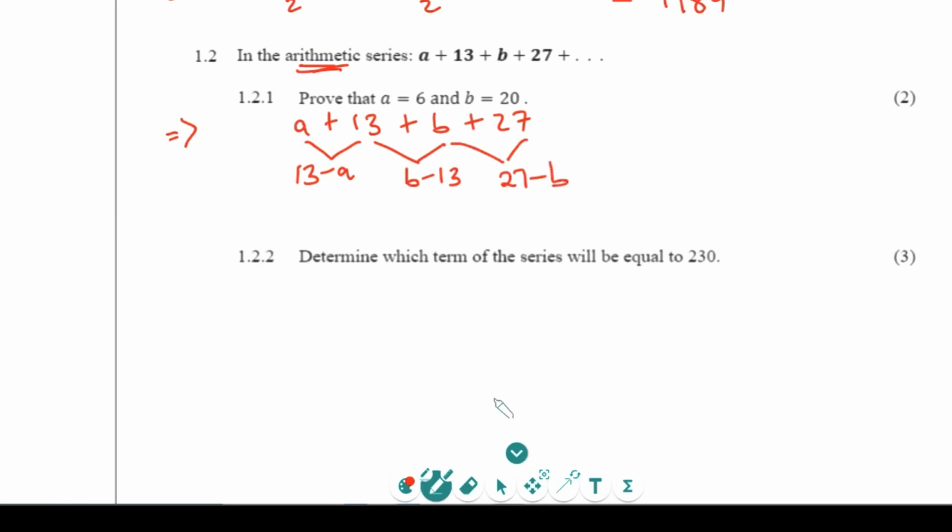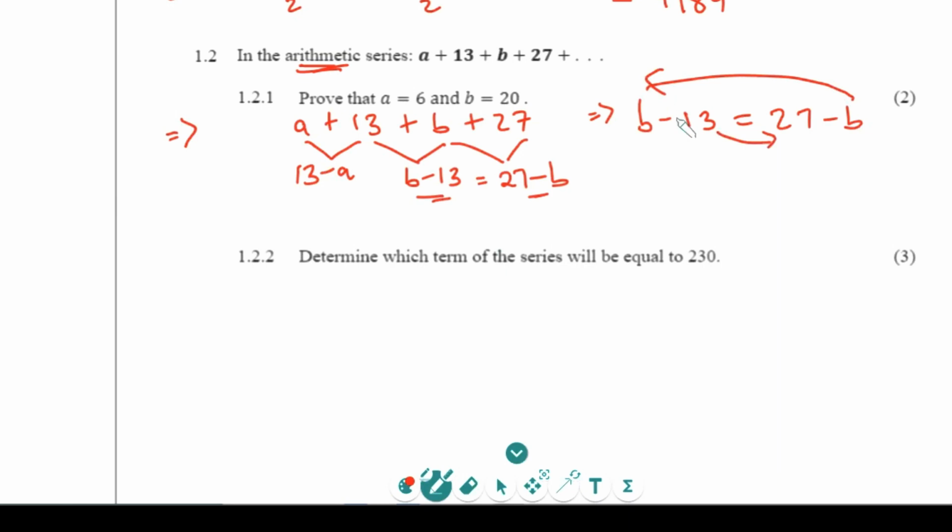But one thing I know about the first differences is that they must always be constant, or uniform, or the same. So I'll first start with the elements that have b's and equate them together. So b minus 13 is equal to 27 minus b. Then I'll move this negative b to this side, and then I'll move the 13 to that side.